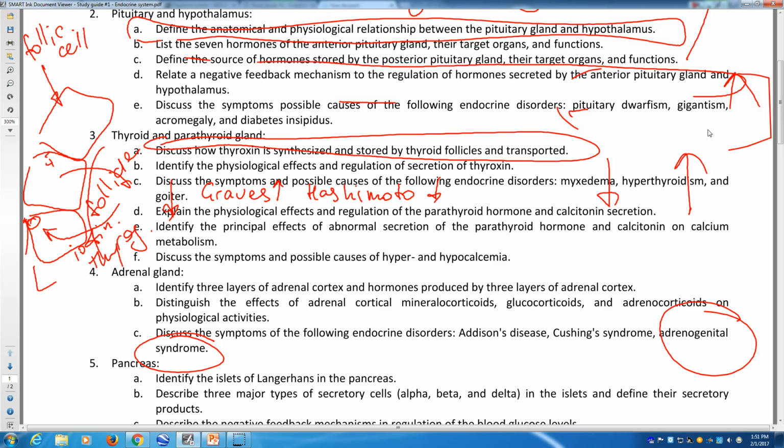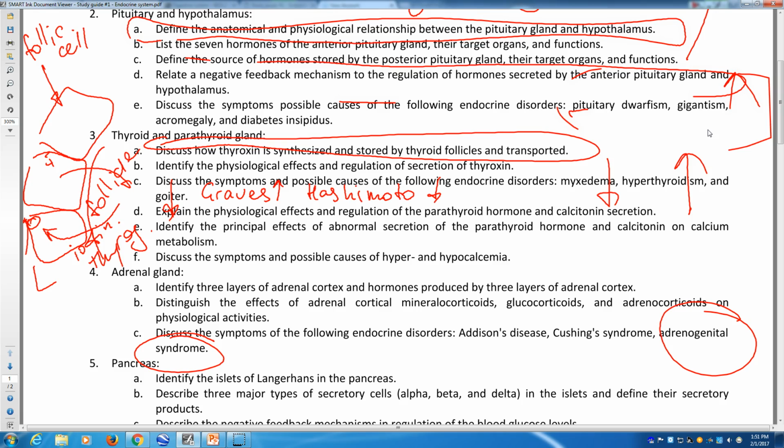Okay, so corticosteroids, good. Now think about this. If corticosteroids are not produced by zona fasciculata, what's going to happen to the levels of CRH? They could go up, ACTH up.